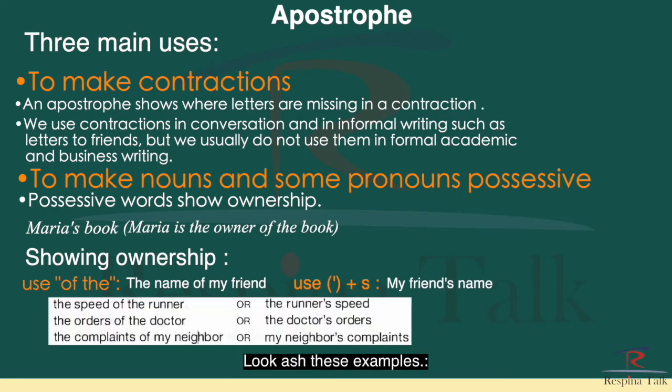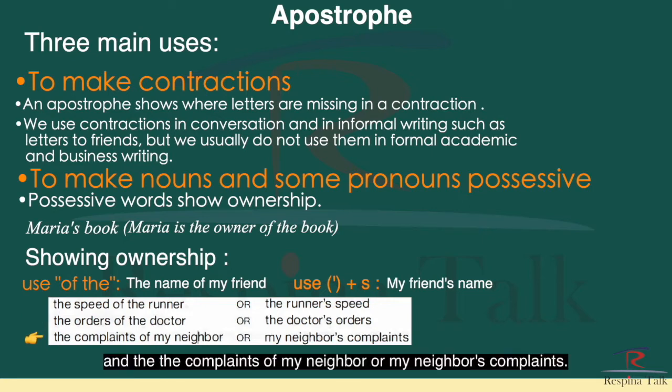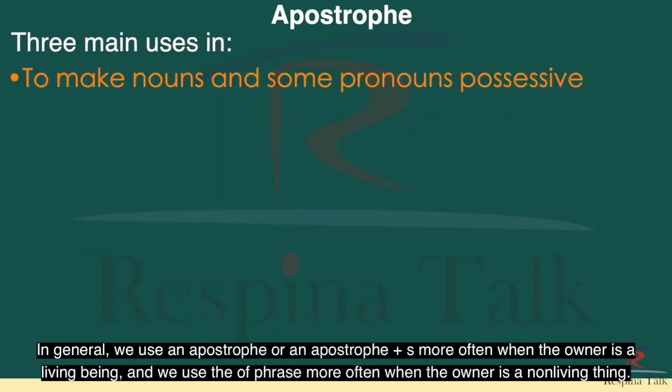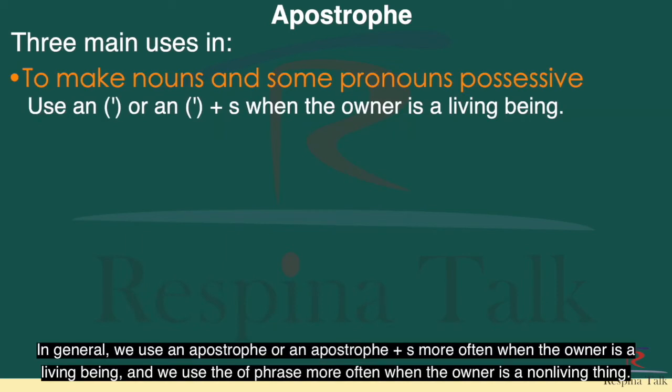Look at these examples. The speed of the runner, or the runner's speed. The orders of the doctor, or the doctor's orders. And the complaints of my neighbor, or my neighbor's complaints. In general, we use an apostrophe or an apostrophe plus s more often when the owner is a living being.